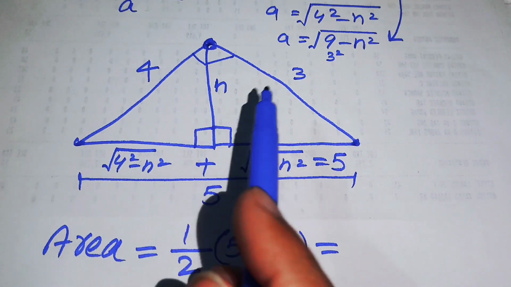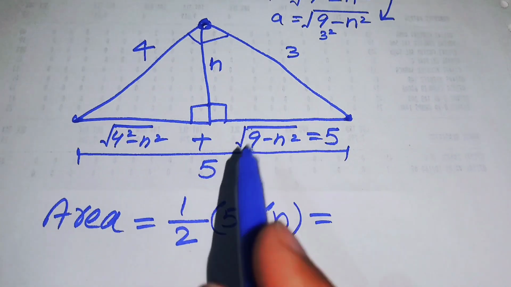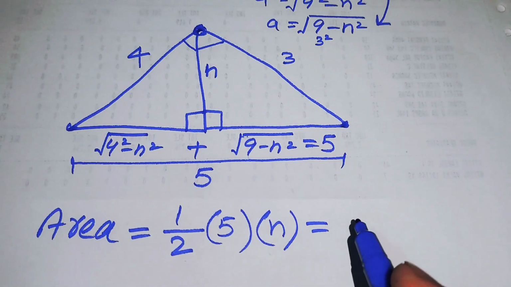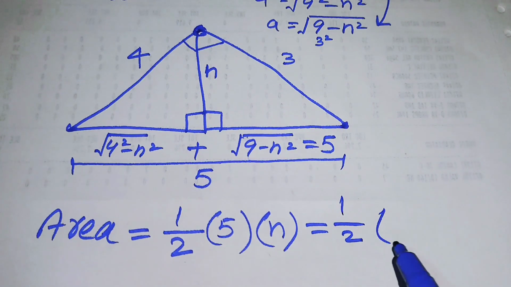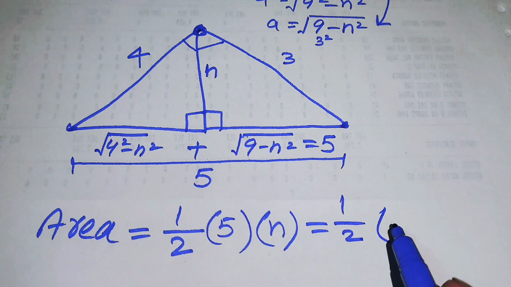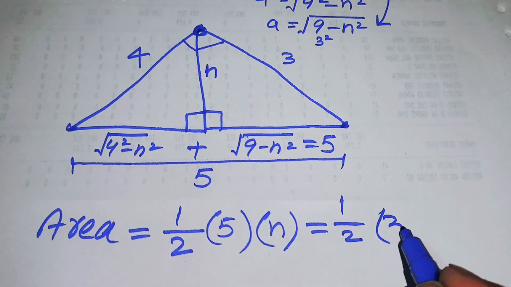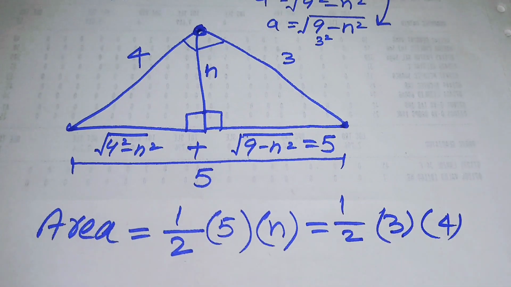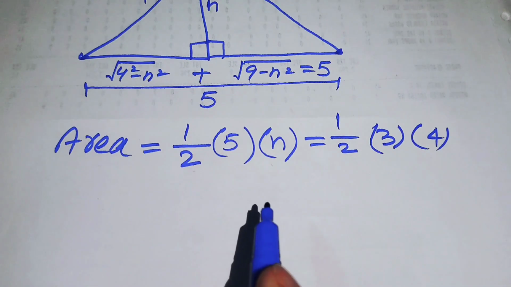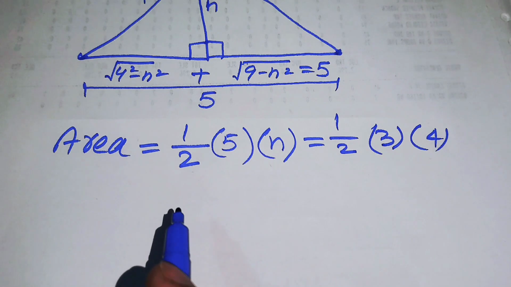So according to this right angle, we have the base length 3, half times length 3 multiplied by height. So our height according to this right angle is 4.